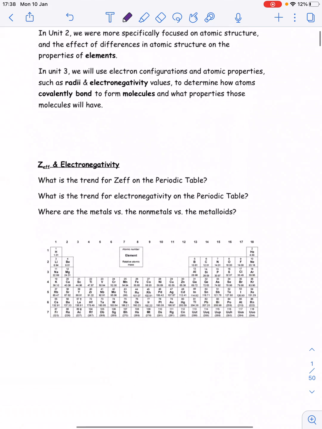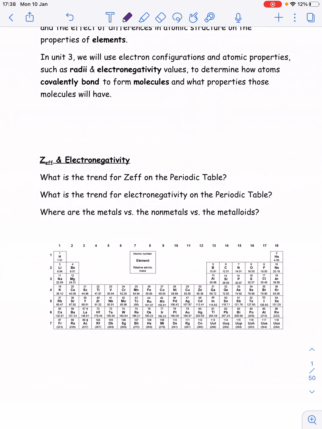So it's really key just to recap and remind ourselves about one of the most important properties from last unit for this upcoming unit, Unit 3. And that is Z effective, the effective nuclear charge, but also electronegativity. So the trend for Z effective across the table was it increased with fewer principal energy levels, and it also increased if we had the same principal energy levels and the same shielding effect.